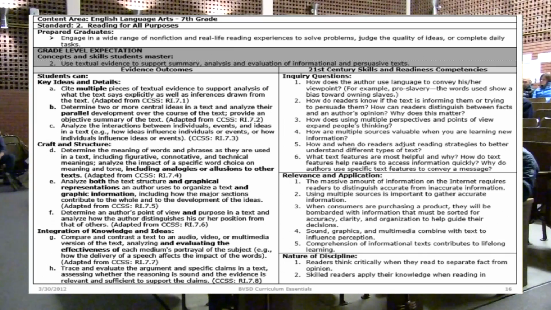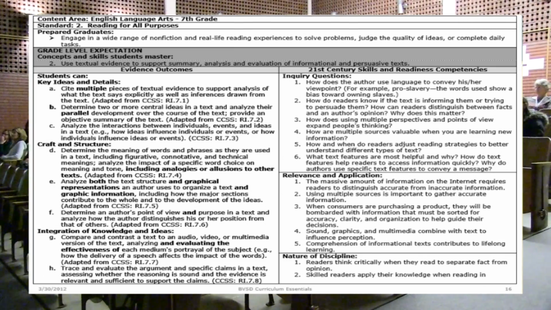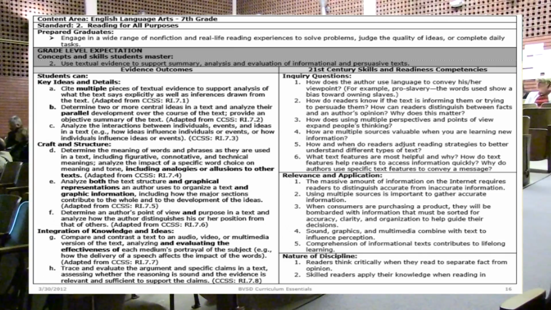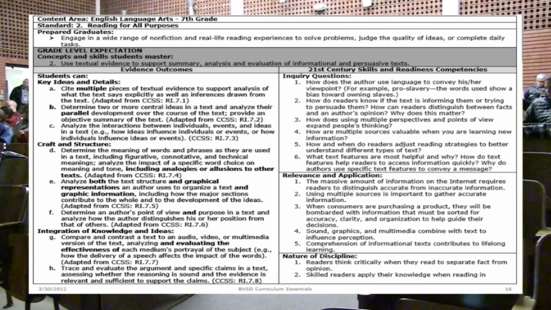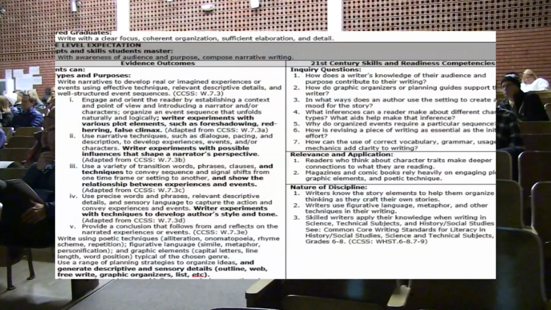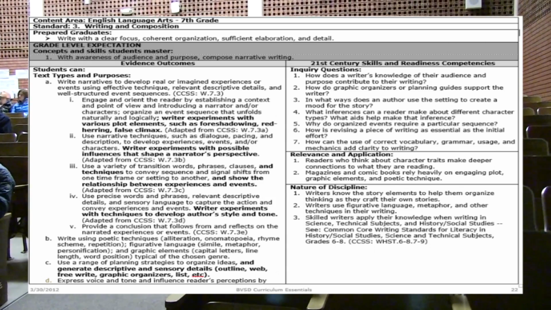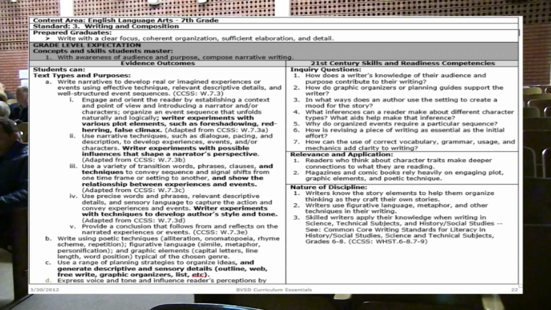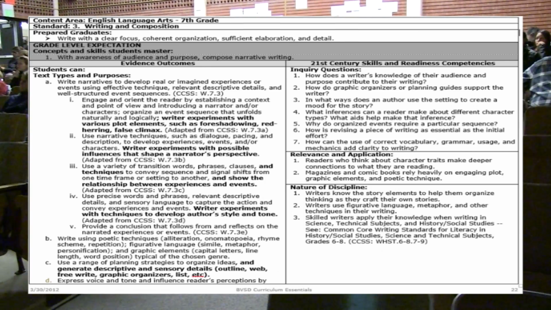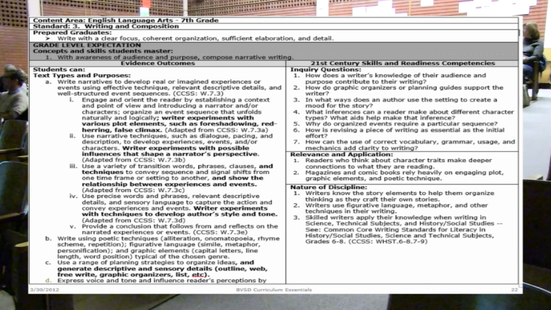At that time then, every district in Colorado created a curriculum, and it was created for every content area and every grade level. So our teachers have been using that curriculum to meet the needs of our students through instructional planning since 2012.